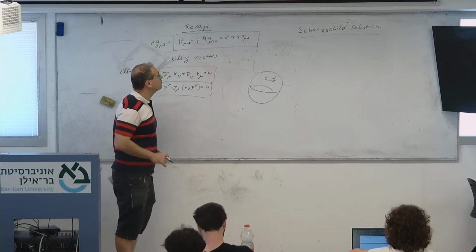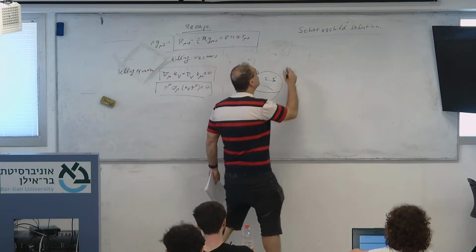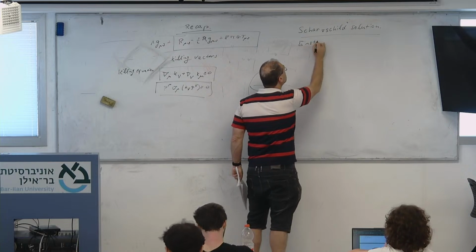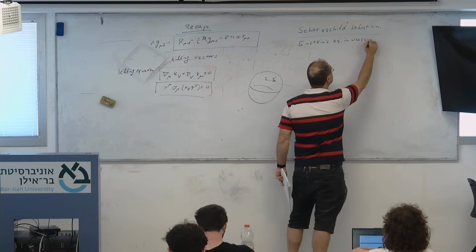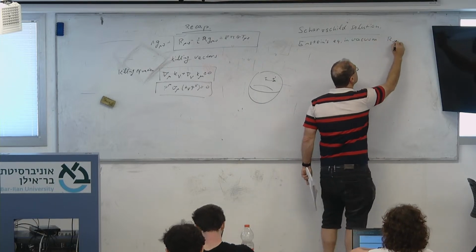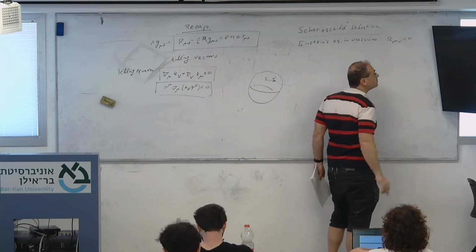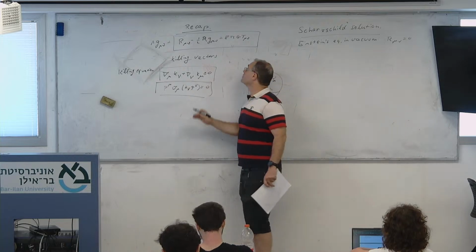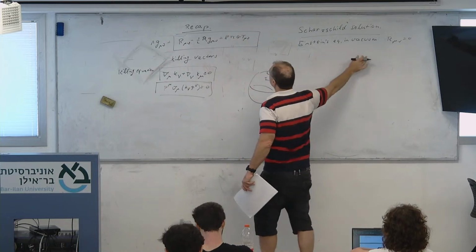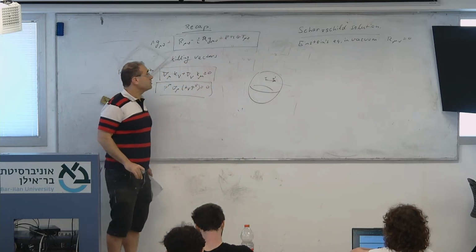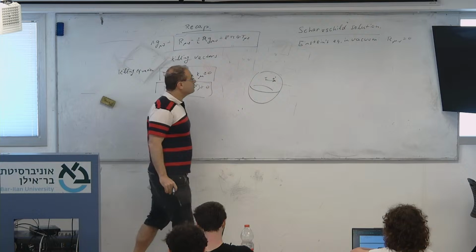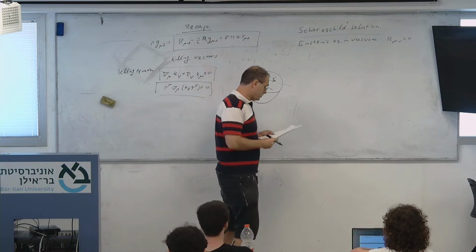First we look for a solution for Einstein's equation in vacuum, which is simply R_μν is equal to 0. Vacuum, no matter, so the right side is automatically 0. And if R_μν is equal to 0, then automatically R is equal to 0. So that's enough. And we search for a solution which is static and isotropic.